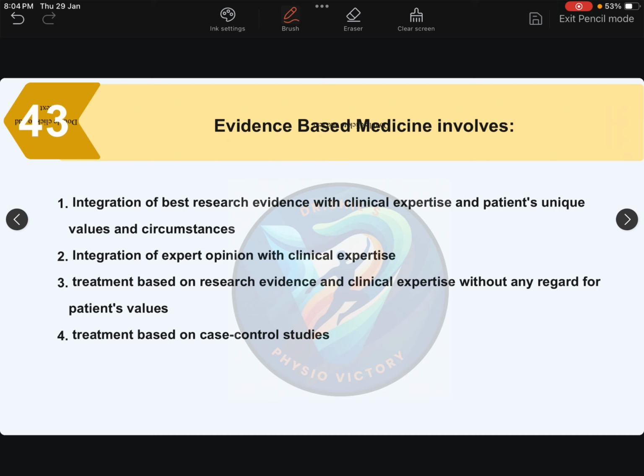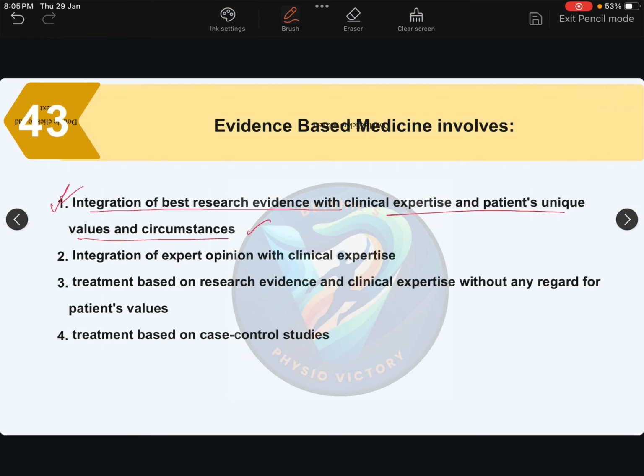Option 4, treatment based on case control studies. Here the correct answer is integration of best research evidence with clinical expertise and patient values. Option 1 is the correct answer.